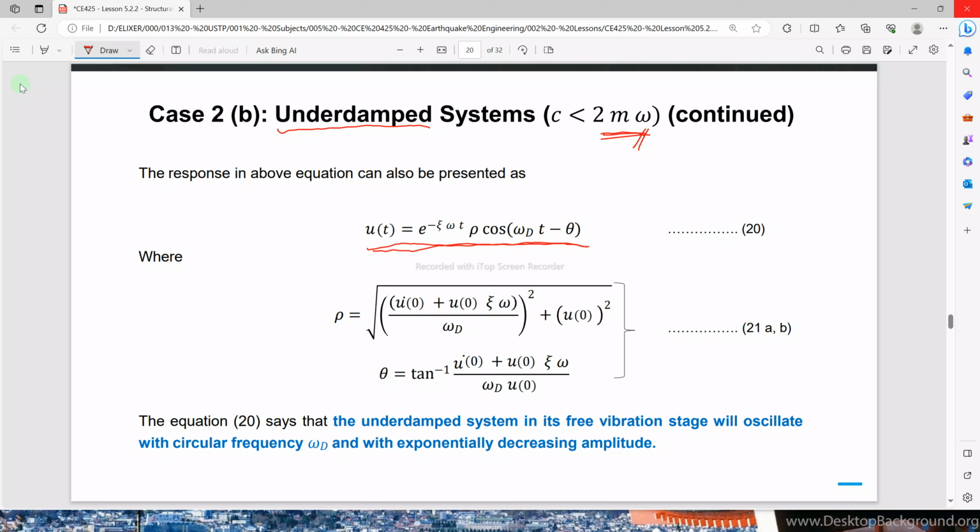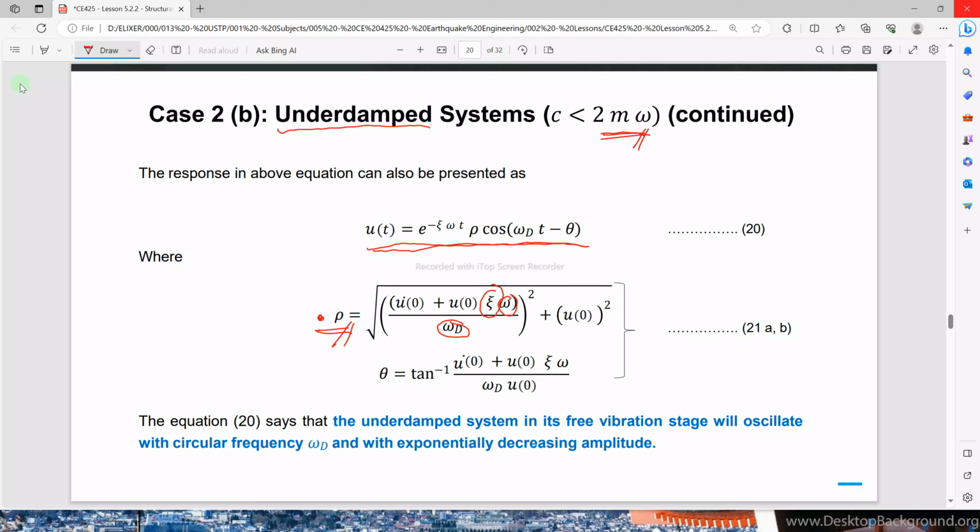We will not show the full derivation because it is long. And then we will have our formula for the amplitude rho, which is equal to this one. So there is already a damping ratio, and also the natural frequency omega and the damped natural frequency involved in this equation.